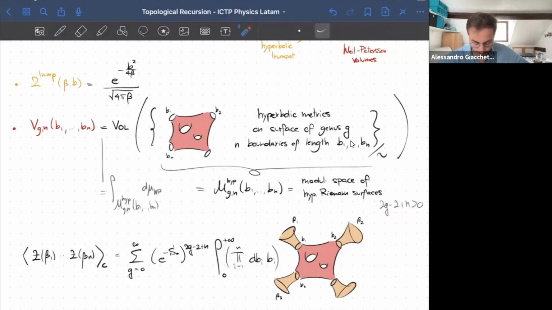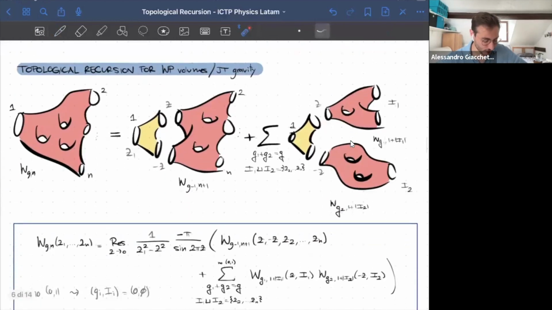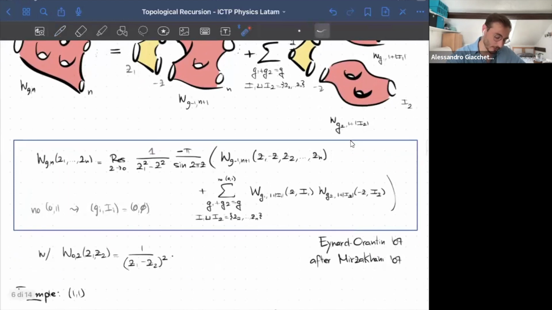So there's no such thing as volumes of the moduli space of hyperbolic metrics if this condition is not satisfied. So the (0,2) case, you have to specify by hand, essentially.